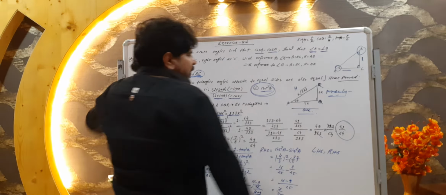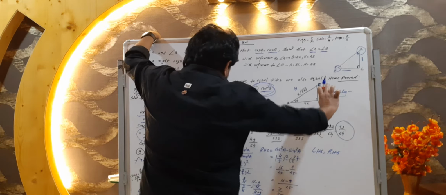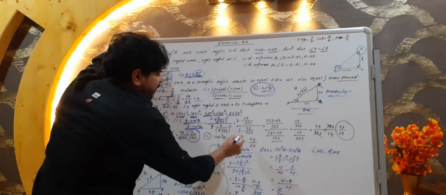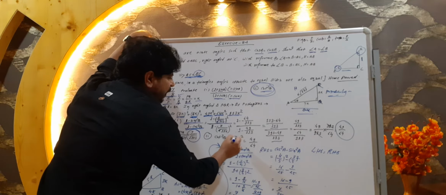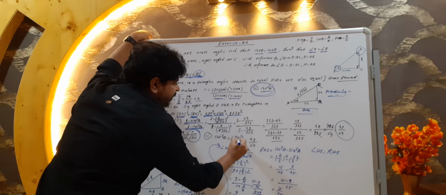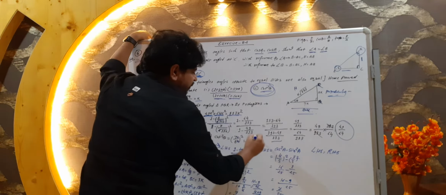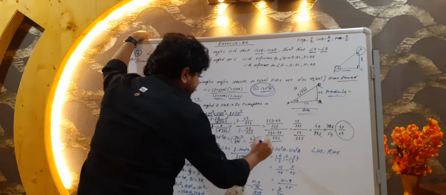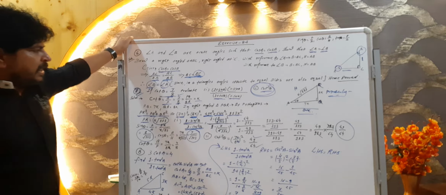Here the base is 7k and the perpendicular is 8k. So what would be its value? 7k upon 8k. K will cancel, so 7 upon 8. 7 upon 8 whole square means 49 upon 64. 49 upon 64. Is that clear?